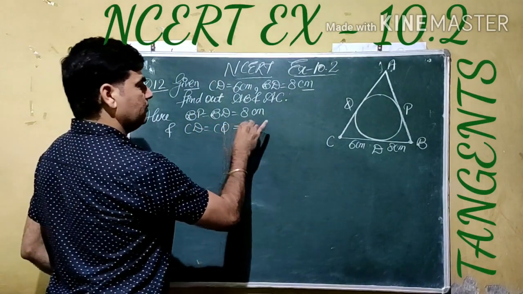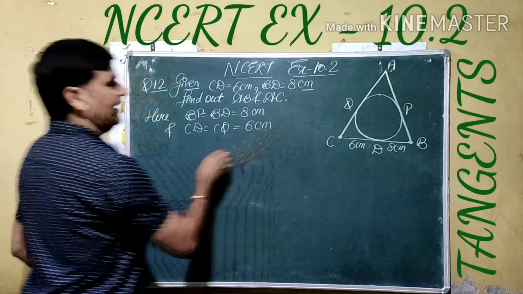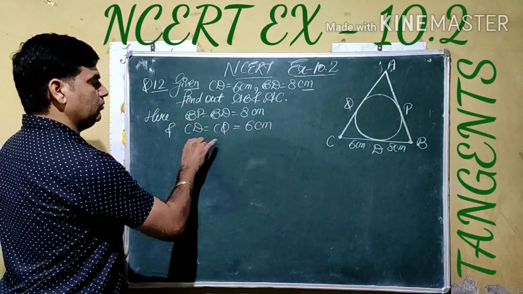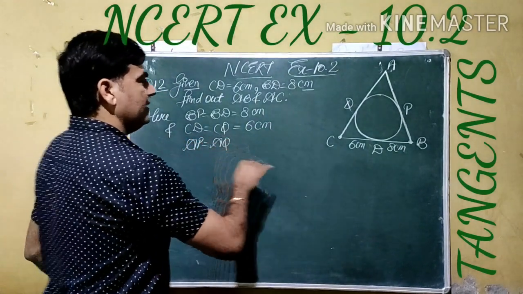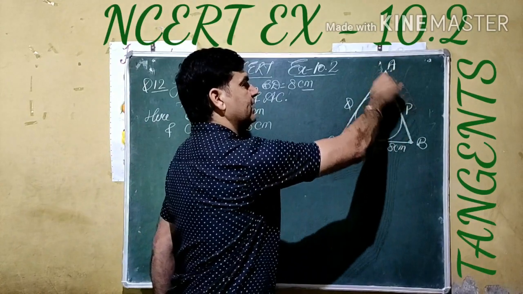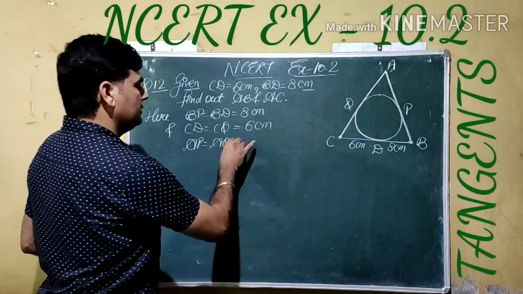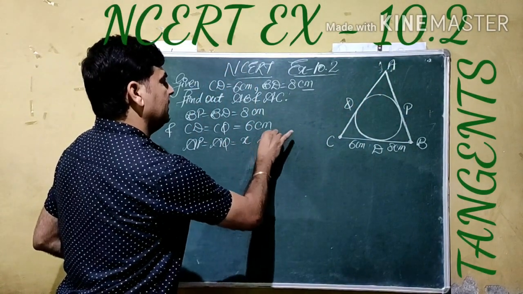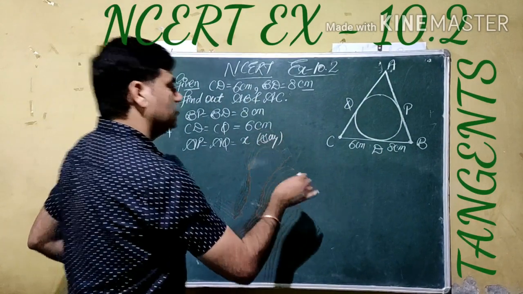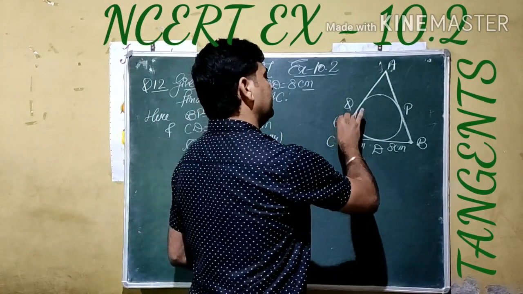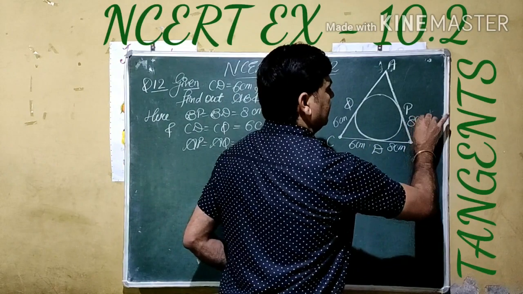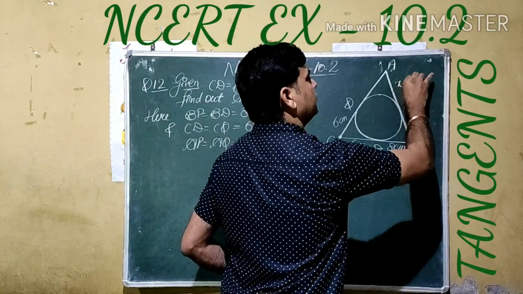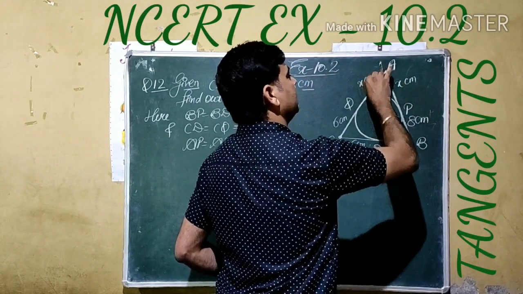So CQ is also 6 cm, and AP is equal to AQ by taking A as an external point. This is a tangent, this is also a tangent. The length is not given, so we are taking the length as X. So in the figure it becomes 6 cm, this becomes 8 cm. This is X we have assumed. This is also X as assumed.